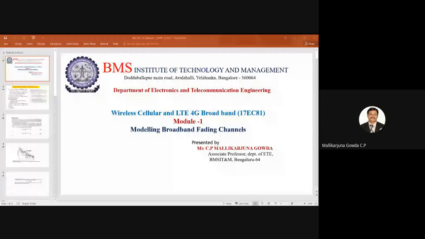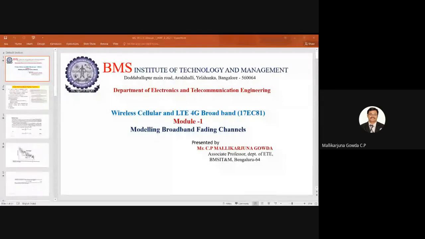With that we will be able to achieve the desired goal. If the coherence distance is very small, it means antenna arrays can be effectively employed to provide rich diversity, right? We will discuss these things in detail in the upcoming classes.